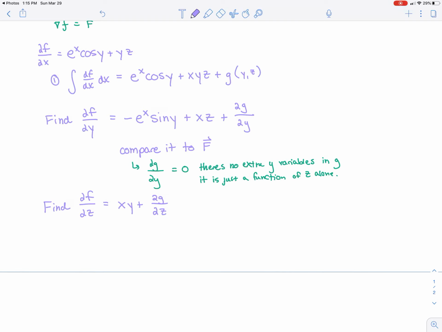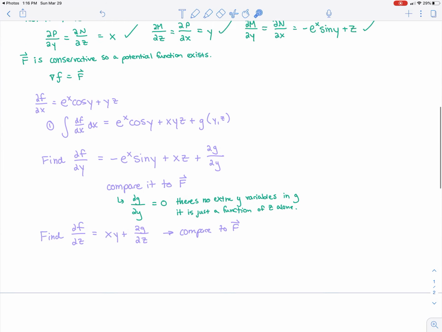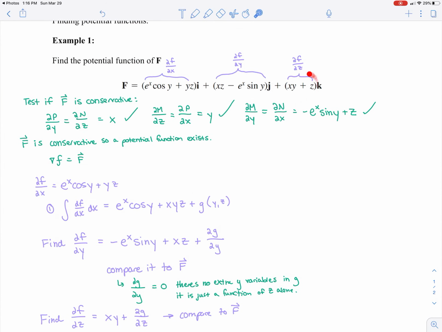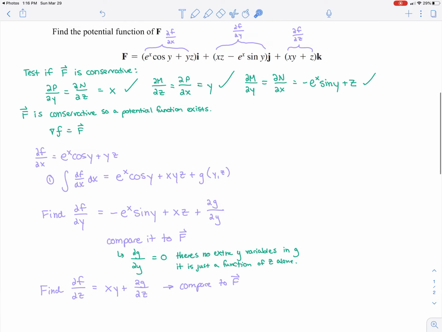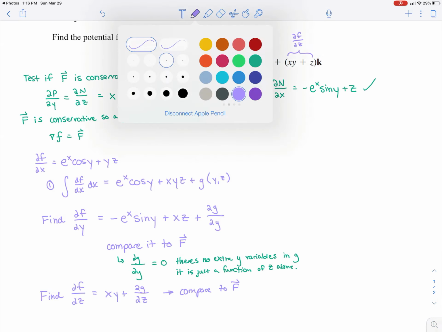Okay, and now we'll compare it to f again. We know that this better be equal to this. So in this case, we know that dg dz must be equal to just z. So that's what this told us.